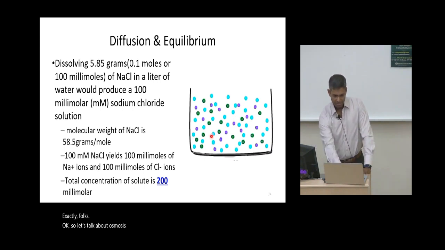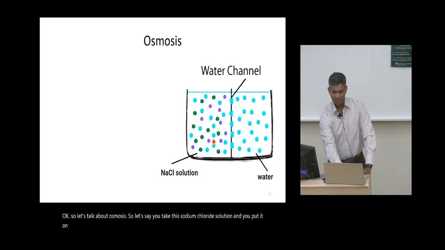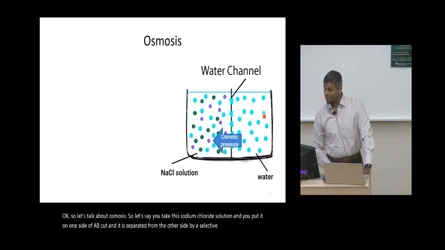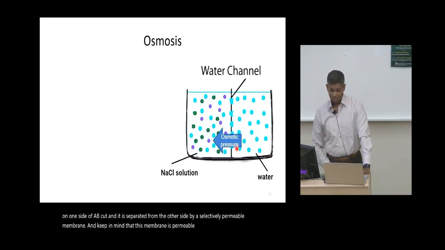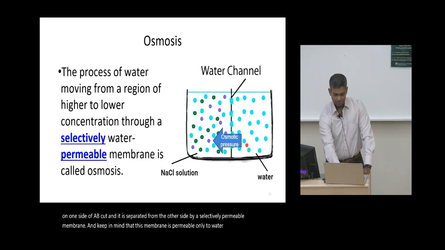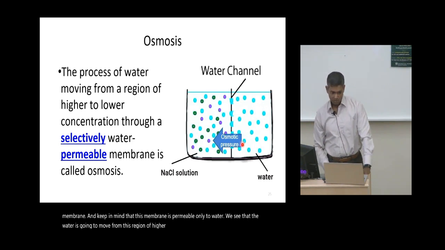So let's say you take this sodium chloride solution and you put it on one side of a beaker, and it is separated from the other side by a selectively permeable membrane. And keep in mind that this membrane is permeable only to water. We see that the water is going to move from this region of higher concentration to the sodium chloride solution.